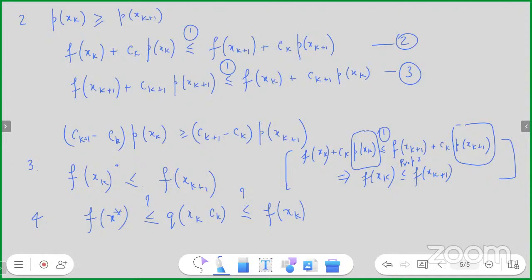So you think this should be the correct direction? What you're saying is, suppose this was not there, f of x star should be less than or equal to f of xk. Is that what you're saying?